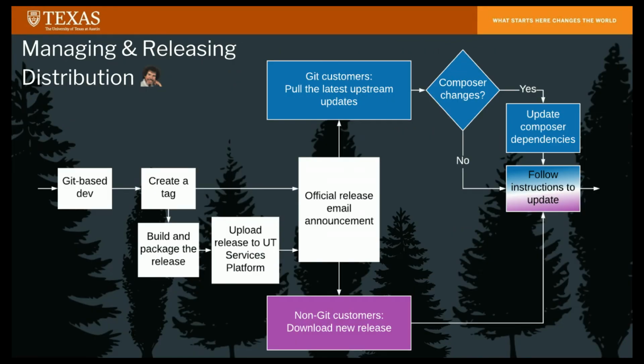Next, we have managing and releasing your distribution. So the way we do it, and this is like the 20,000 feet view of what we currently do, and how we are going to be doing it a little bit differently.